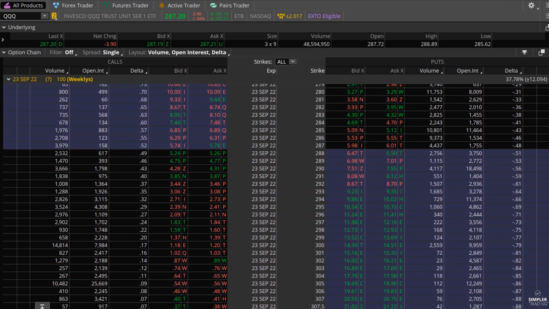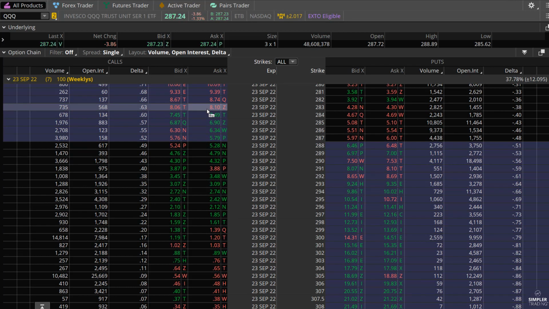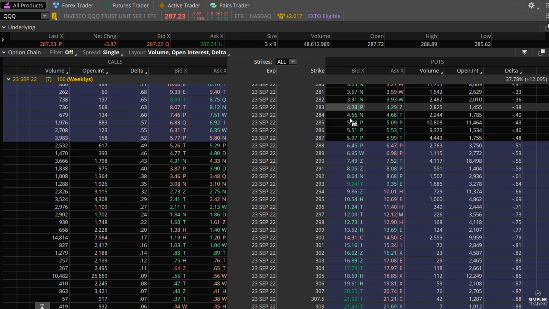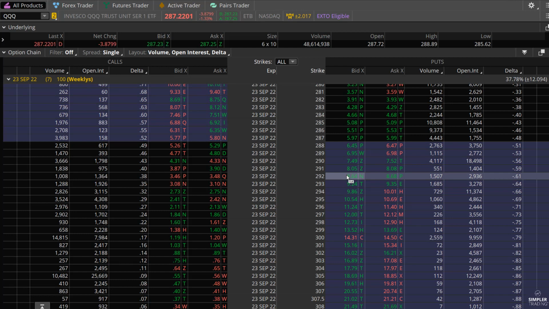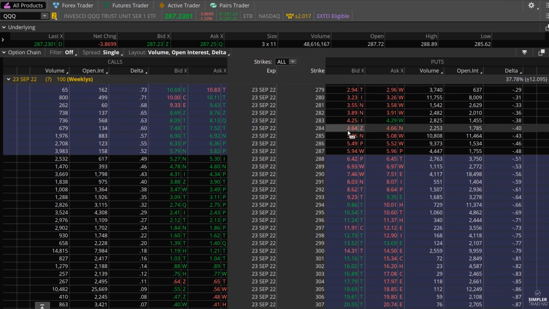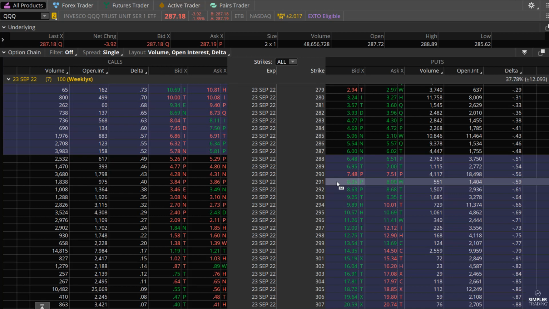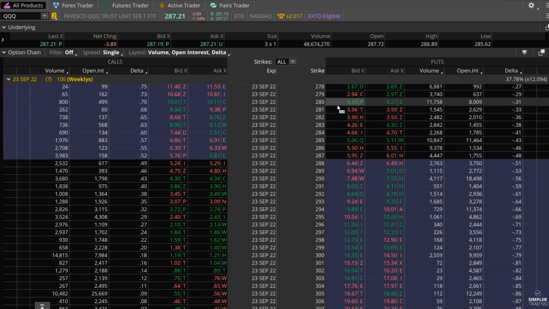At that point, you'd go down to your options chain to set up a spread. So if you just did it in the super basic way where you say, okay, I'm looking at a Delta 60, Delta 60, Delta 30. That would give you the strikes of, let's see, either 292 or 291 and then 280.